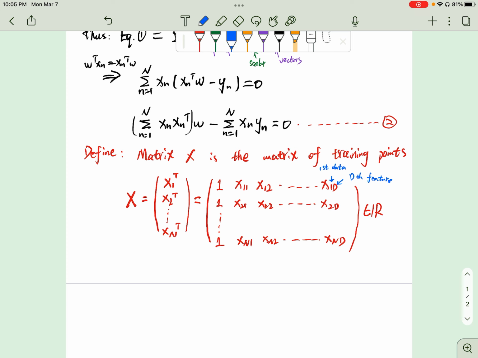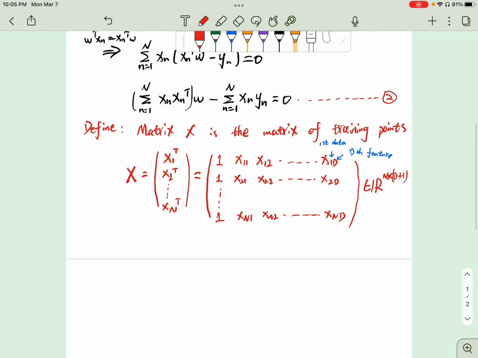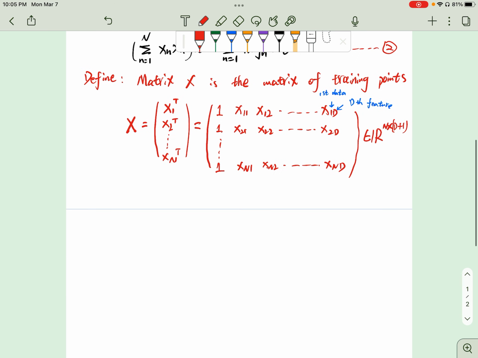Because we have n data, we have n rows. And how many columns? We have capital D features here, but we have another column that is all 1. So we have D plus 1 columns. This is the X matrix I defined.